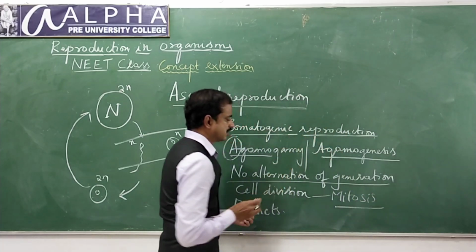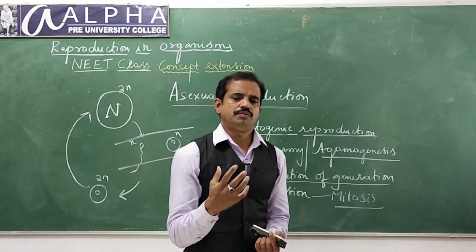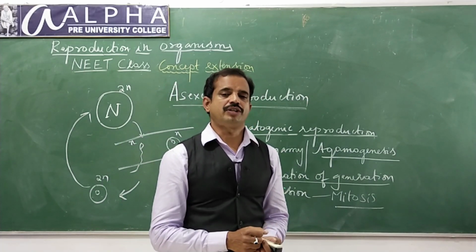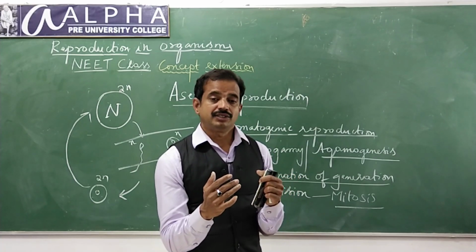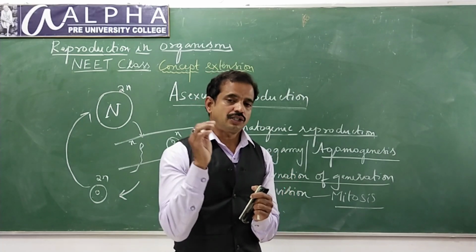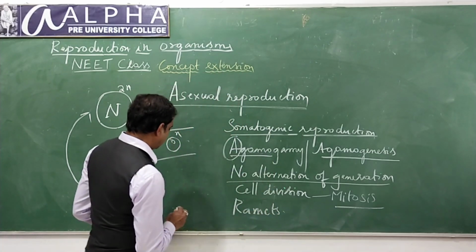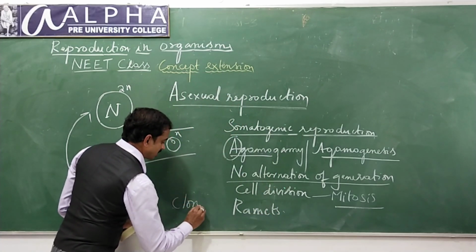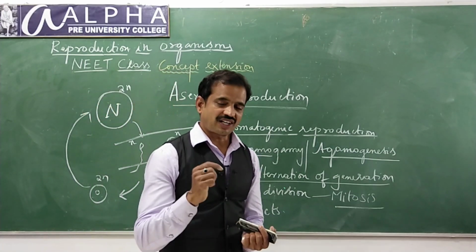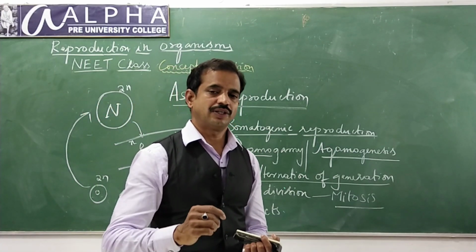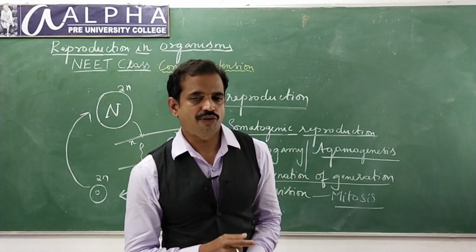Okay, mitosis. And the offsprings born by the process of asexual reproduction are identical among themselves, and they are identical to their parents, and you have studied they are called clones. We use the word clones to refer to the offsprings born by the process of asexual reproduction.